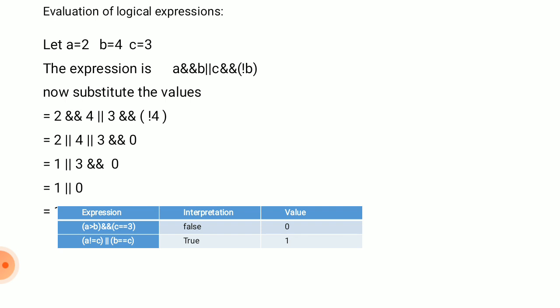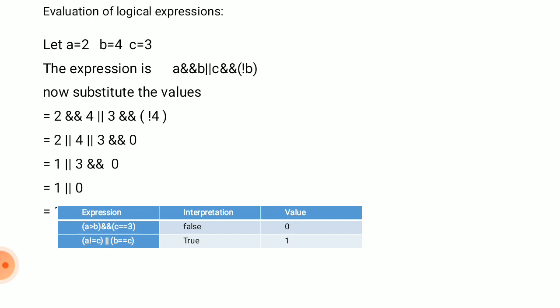That is true or false. Now logical NOT of 4 inverts or complements the given operand. The operand is 4, which is nothing but 1. The inverse of 1 is 0. So, the inverse of 1, or 4, is 0. Now 2 and 4 or 3 and 0. 2 and 4 means 1 and 1, which is 1. Both values are 1, so the result is 1.